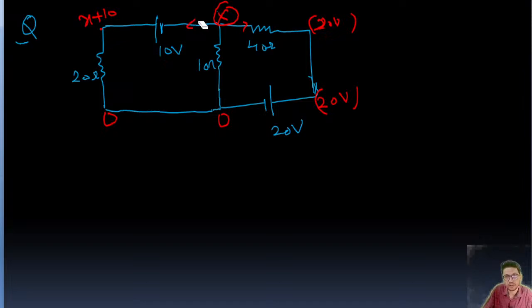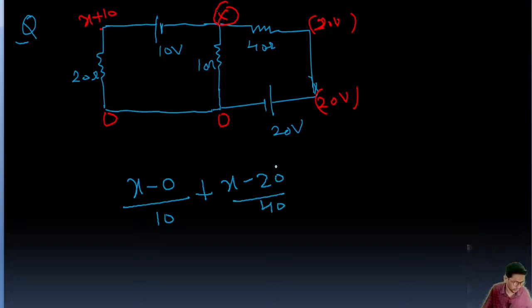We'll jump from here, here, and here, right? So now we'll be very careful. We'll use this formula where there must be a resistance between two voltages. So this is going to be x minus 0 upon 10, plus this one, x minus 20 upon 40, plus this one, which we cannot use directly because between here there is no resistance, right?